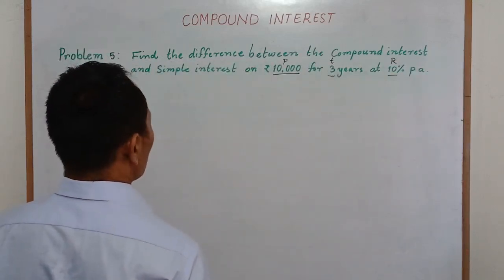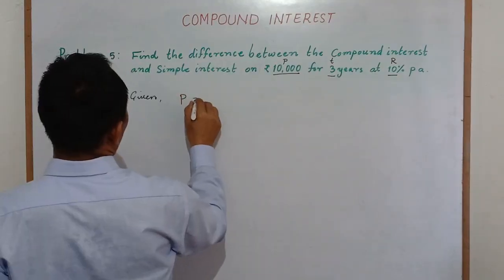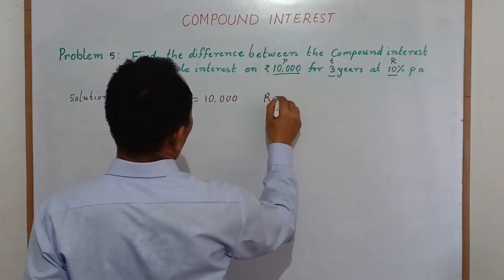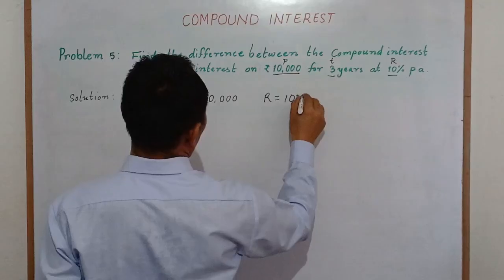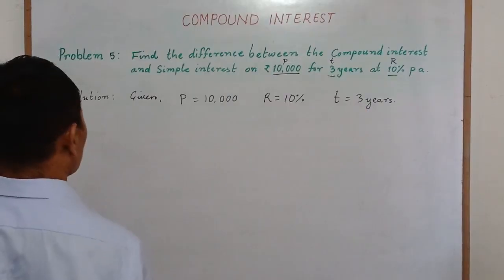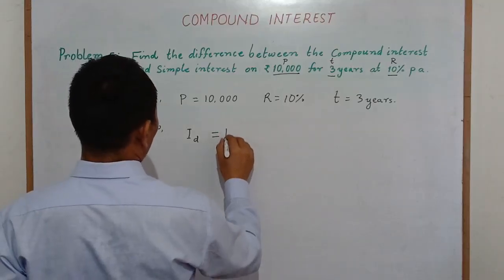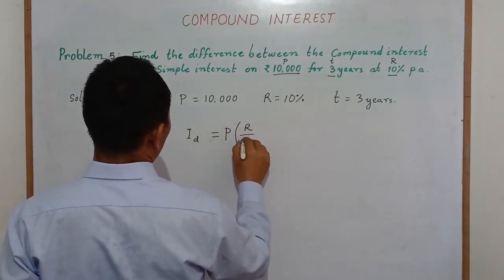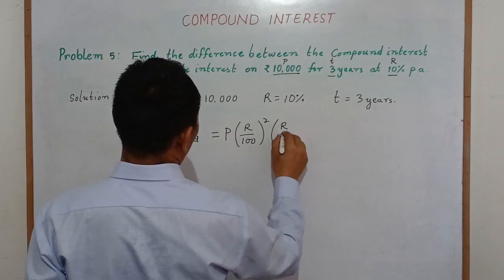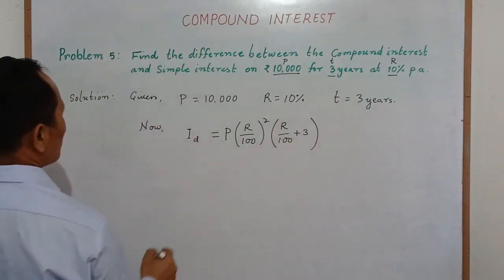The difference between the two interests for 3 years is P R by 100 whole square into 4 into R by 100 plus 3. That's the 3 years formula.